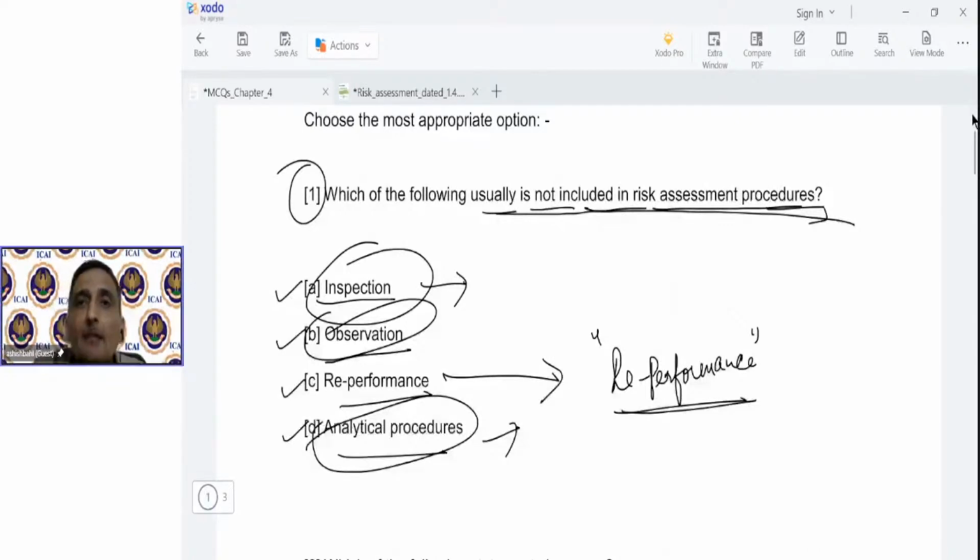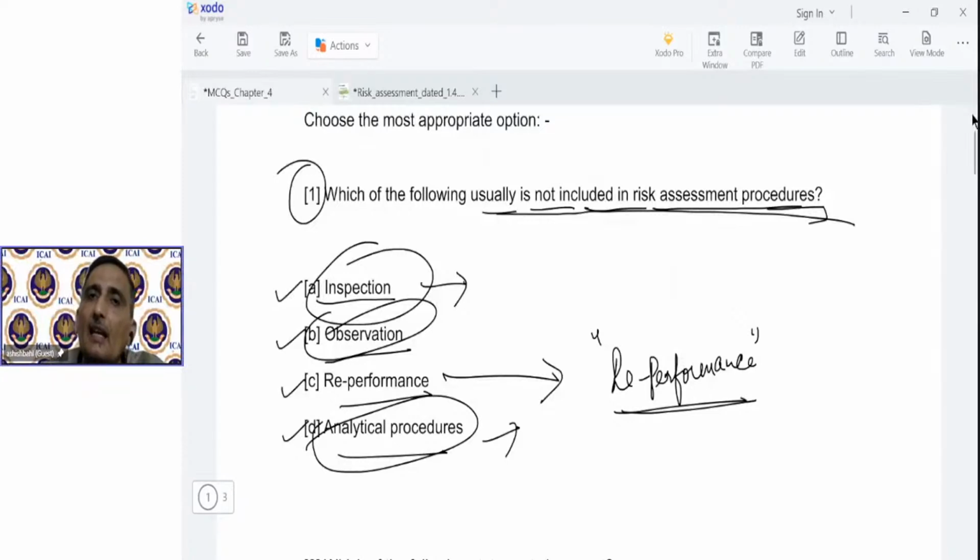Risk assessment means assessing the probability of this thing happening, the chance of this thing materializing. When I am re-performing something, I am not assessing risk. I am actually performing a substantive procedure, checking that information.